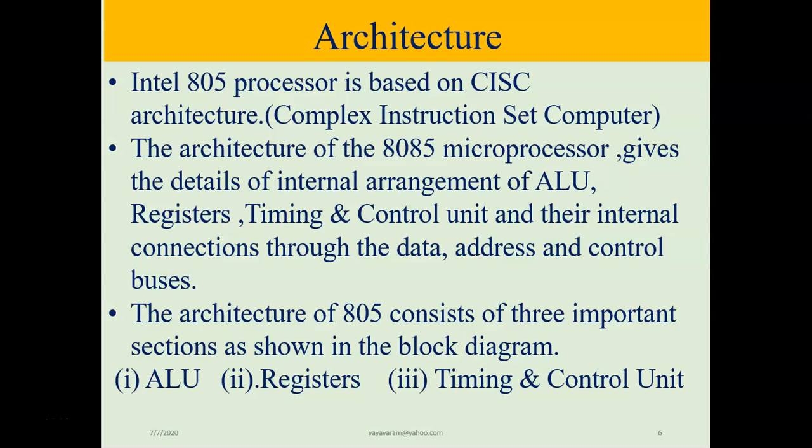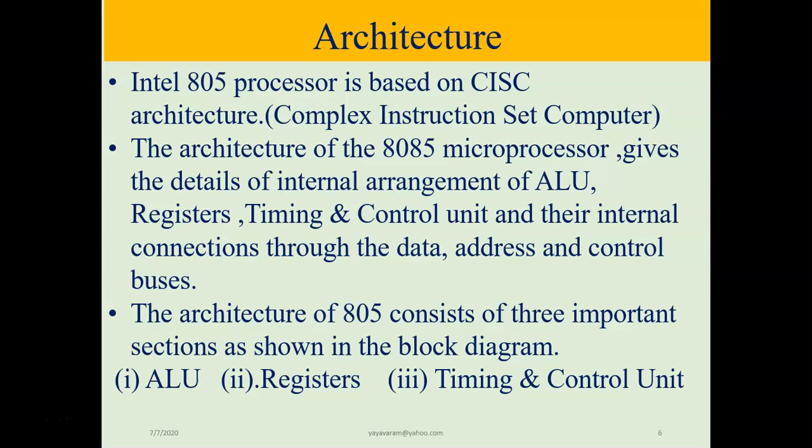When you go to higher classes, you'll understand that there is also another type of architecture called RISC architecture, where you have the ARM processors, Advanced RISC Machine, and other processors of very high speed. The processors nowadays used in your mobiles, iPhones, some laptops, and small gadgets are all RISC architecture.